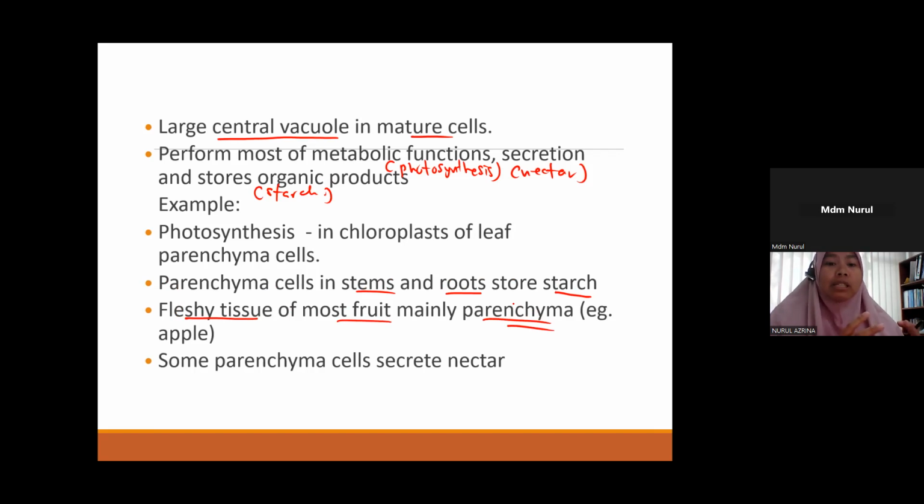So fleshy tissue means yang kita boleh makan tu lah, edible parts of the plant. Edible part of plant, and some parenchyma cells secrete nectar. Okay, right.